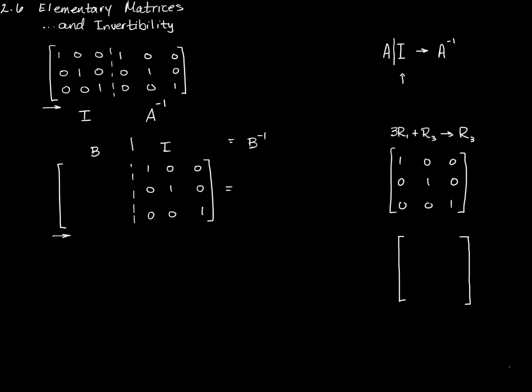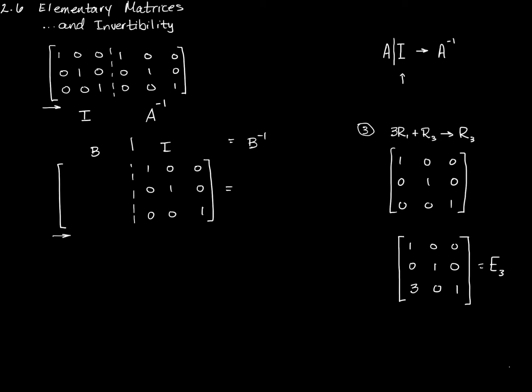I'll call it E3 because it's my third property. I don't care about the numbers of the properties, remember, I just happen to be using that to identify it. I have 1, 0, 0, 0, 1, 0, and 3 plus 0, 0 plus 0, and 0 plus 1.